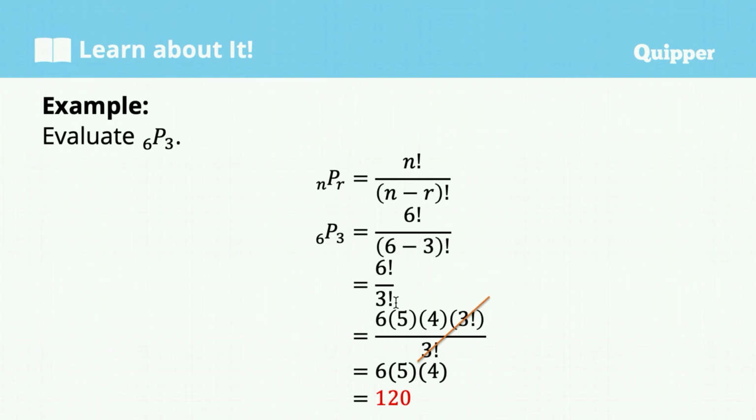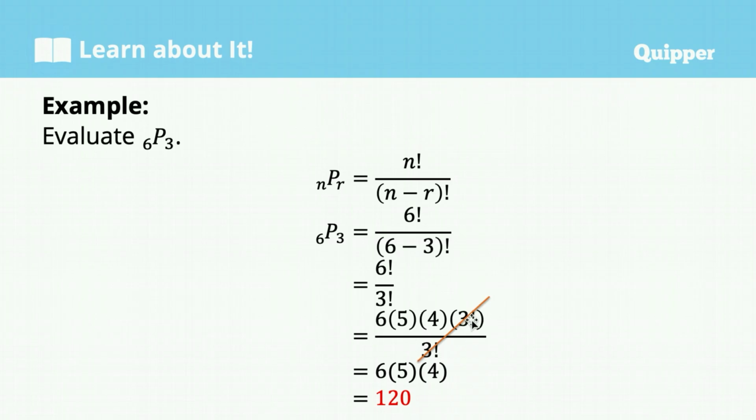Now, since the denominator is less than the numerator, we are just going to copy the 3 factorial here, then simplify the numerator. 6 factorial, basically, is 6 times 5 times 4 times 3 times 2 times 1. But we have our denominator here, which is 3 factorial.